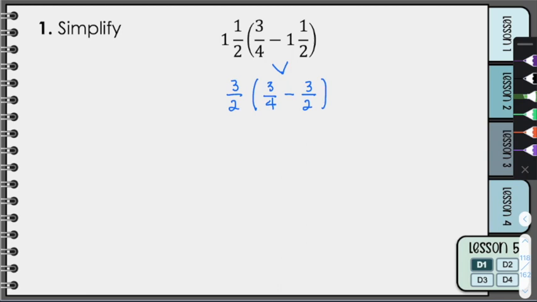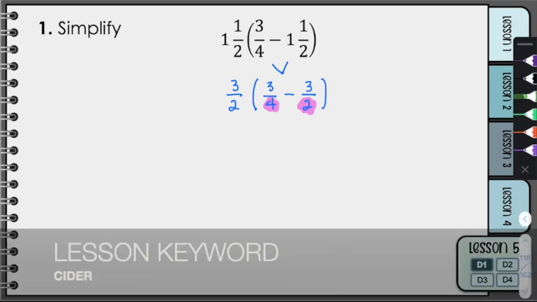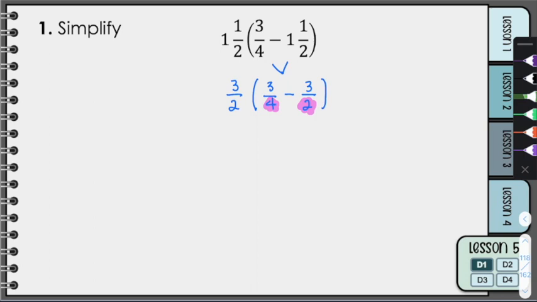In order to subtract, I need to make sure that we have a common denominator. So that means here I'm going to take my numerator and my denominator, multiply in order to get my common denominator, which in this case is going to be 4. So I'm going to multiply by 2, my numerator and denominator. So I have 3/4 minus 6/4.